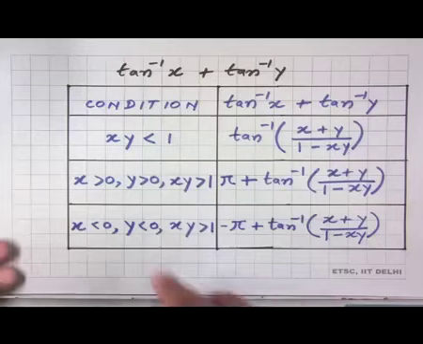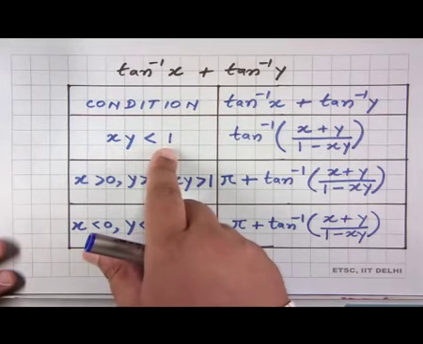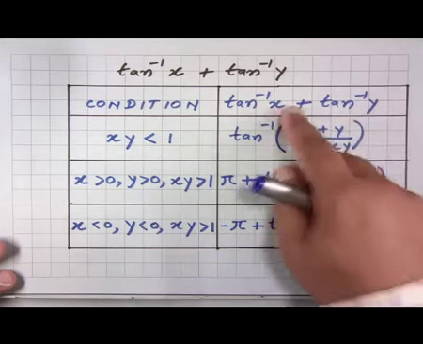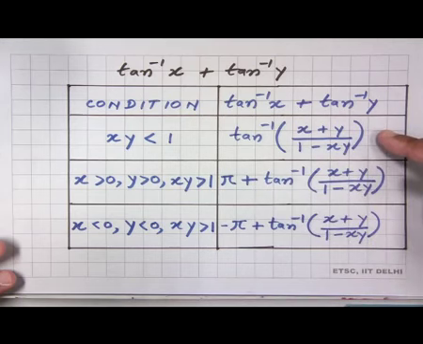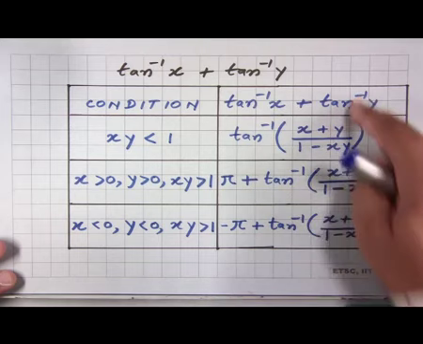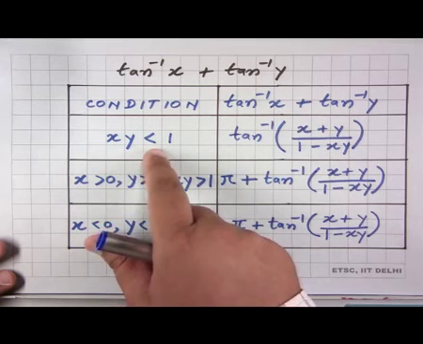We will show that if x times y is less than 1, then it is true that tan inverse x plus tan inverse y is exactly equal to tan inverse of (x plus y) over (1 minus xy). But this is equal only if xy is less than 1.